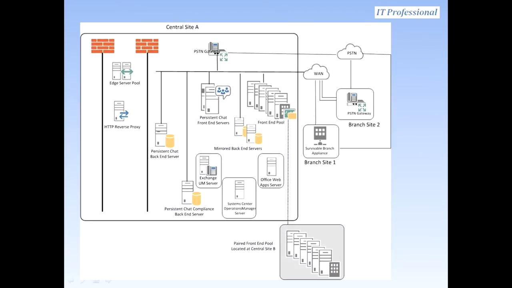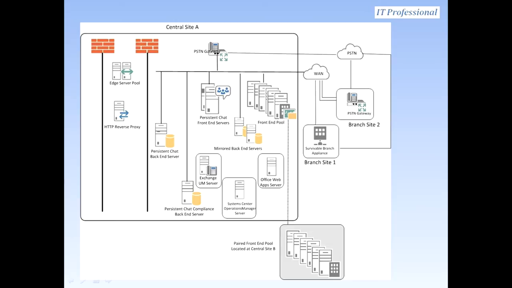This is central site A. We have the Exchange Unified Messaging Server. As you know, the Exchange Unified Messaging functionality for Lync Server runs on the front-end pool. For the Office Web App Server here in Site A, we recommend deploying an Office Web App Server or Office Web App Server farm in every organization that uses web conferencing.